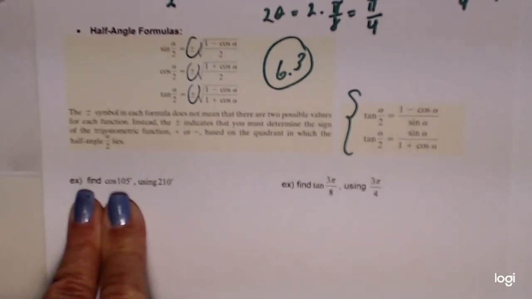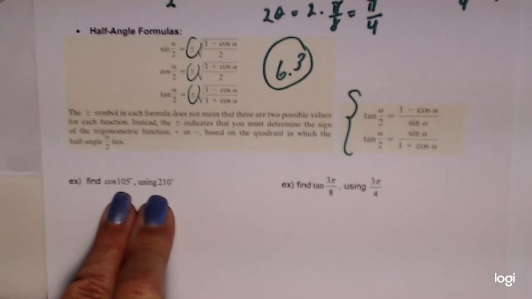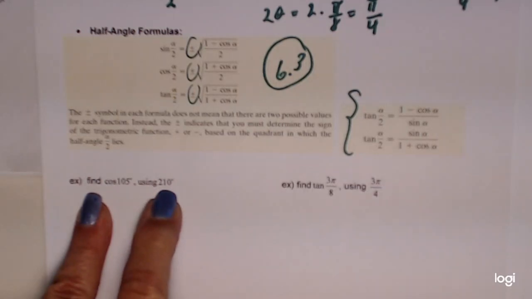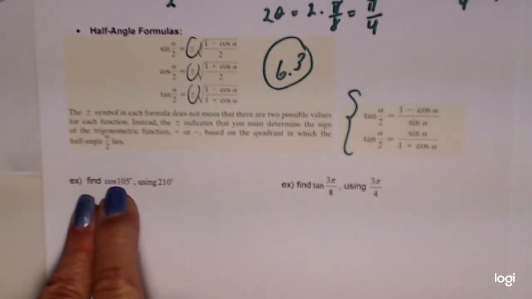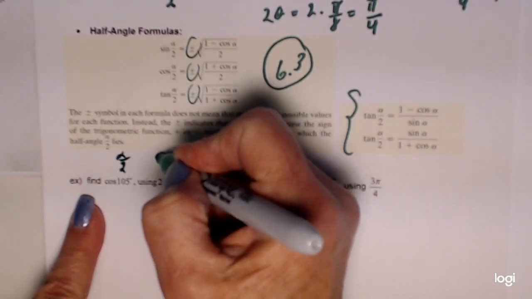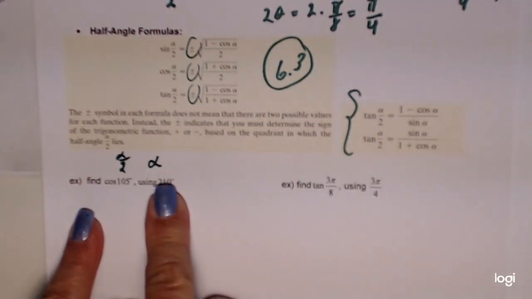But because we're learning to use the half angle formula, we're going to use 210. Why 210? Because 2 times 105 is 210 degrees. 105 is our alpha over 2, and 210 would be our alpha.